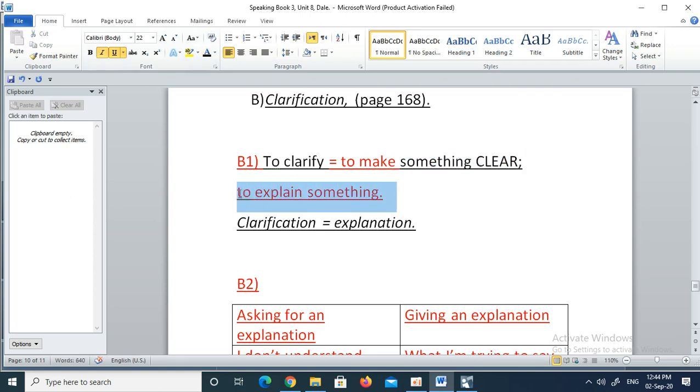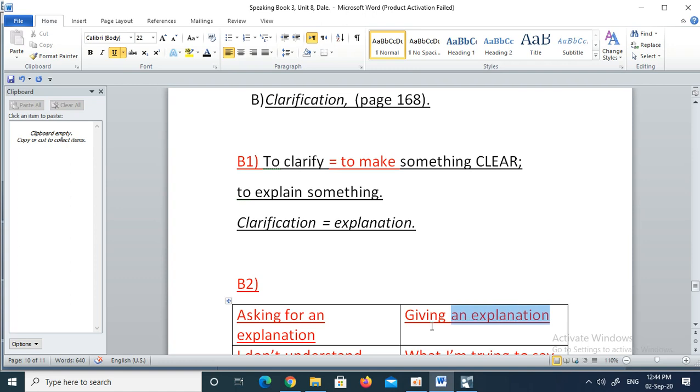It means to explain something. So really, a clarification is just an explanation. It is making something clear. So if somebody does not understand, we give him a clarification. We explain to him, we make something clear.